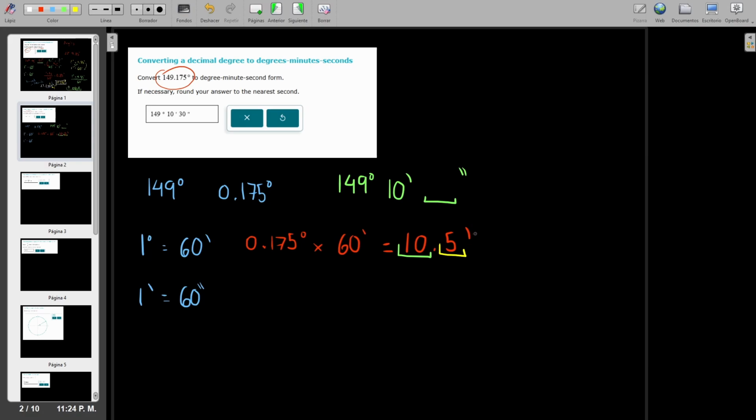The decimal part, we're going to be multiplying times 60 again in order to have the seconds. So the missing part is 0.5 times 60, and it's going to give us seconds. 0.5 times 60 is going to give us 30 seconds. That's why we put the 30 seconds here. As you can see, this is our answer: 149 degrees, 10 minutes, and 30 seconds.